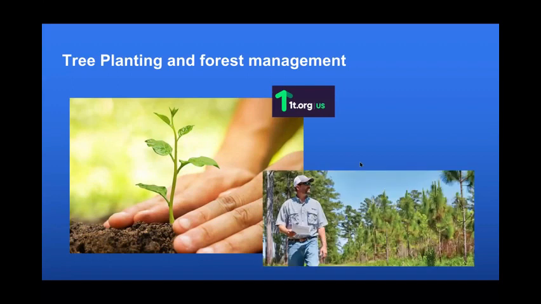Now, I want to also make a point that forest management is a very important part of climate efforts. Because if you, for example, let forests burn, that's like deforestation, and it releases a tremendous amount of carbon. So forest management can be thought of as mitigation, reducing or preventing emissions from happening.